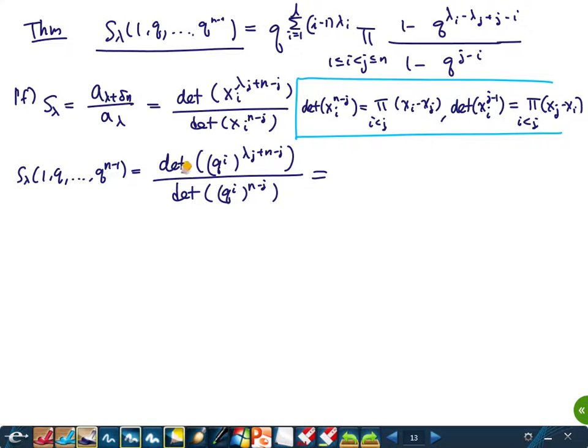But what about this? This is in fact a Vandermonde determinant. So let me change this a little bit. Oh wait, yeah, we have minus 1, right? Because it begins from q to the 0.